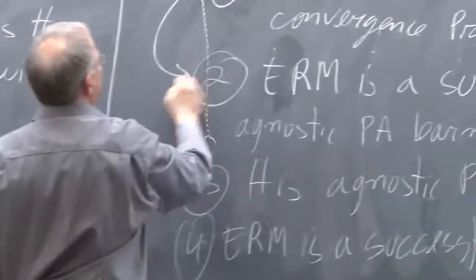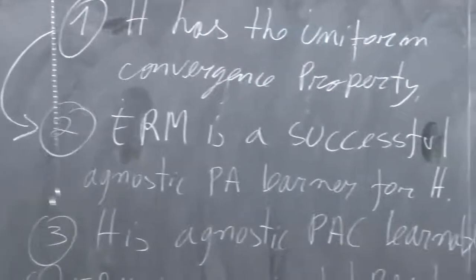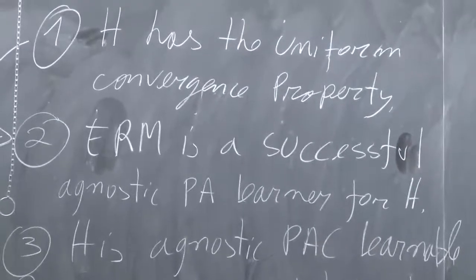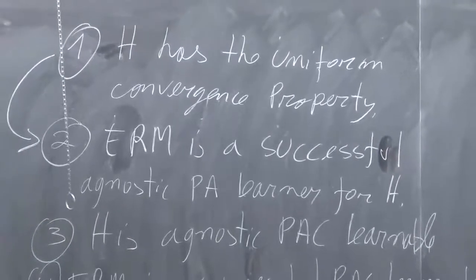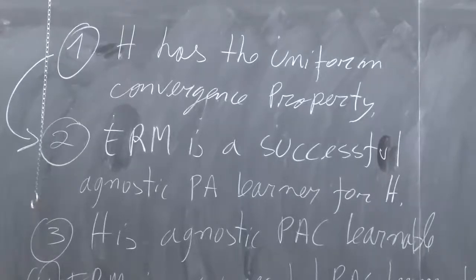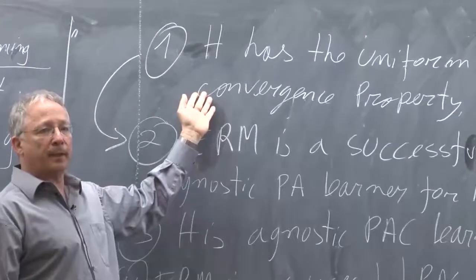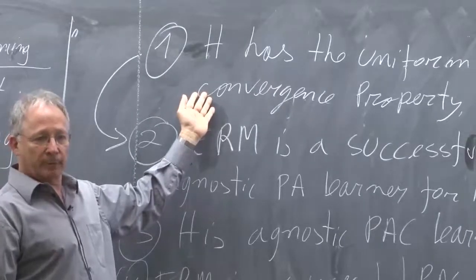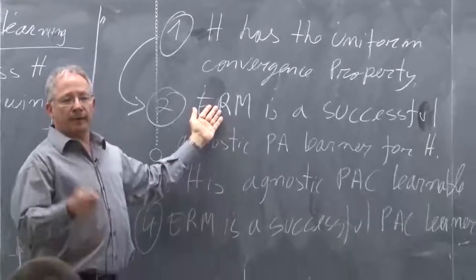1 implies 2. How do we know that uniform convergence implies PAC learnability, agnostic PAC learnability, or even that ERM is successful? That was one of the results that I showed you in the second lecture. That if we have uniform convergence, if with high probability we get a sample which is epsilon representative, then I can do ERM. I can minimize the error over the sample.